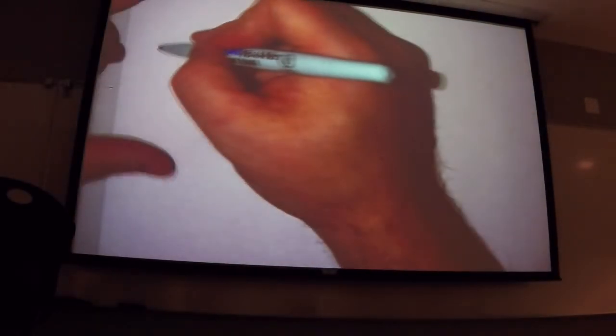Wow, I can do some examples. I've got some time. All right, let's make a parallel plate capacitor here.